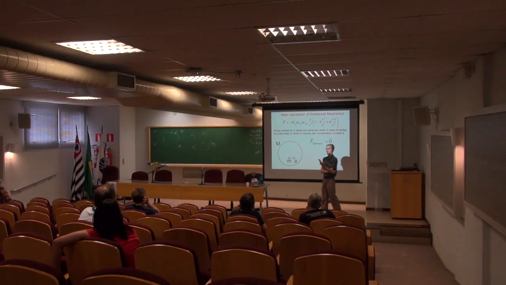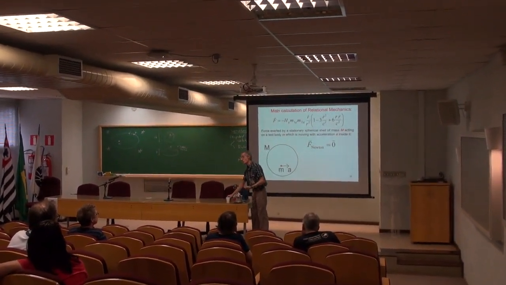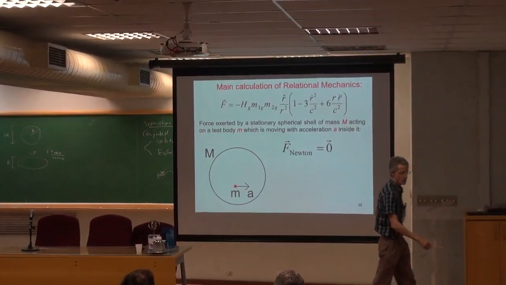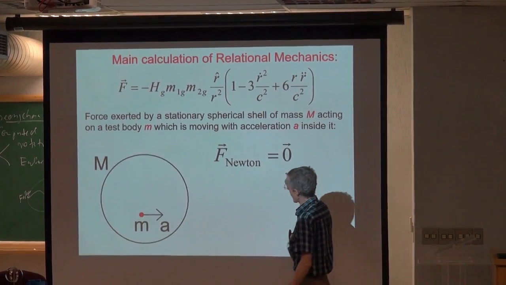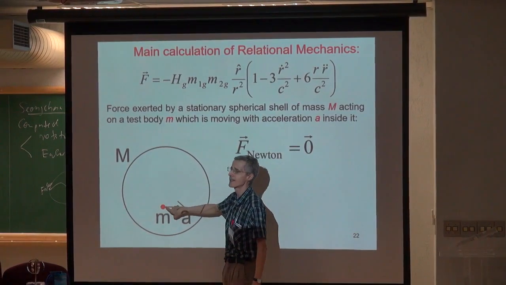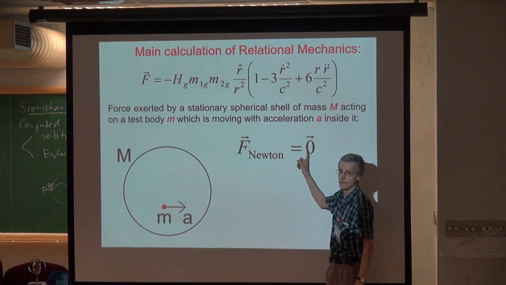Before I solve the free fall of the apple, I will show you the main calculation of relational mechanics. Do you remember? According to Newton, if I have a spherical shell and a particle inside the shell, the force goes to zero.